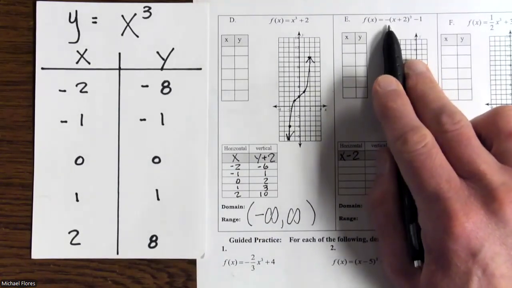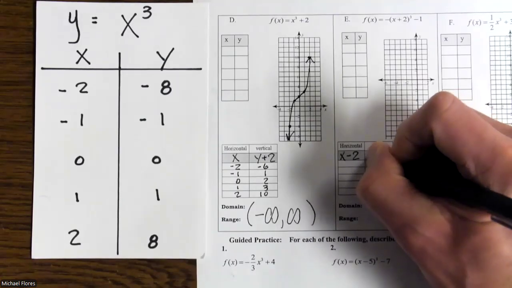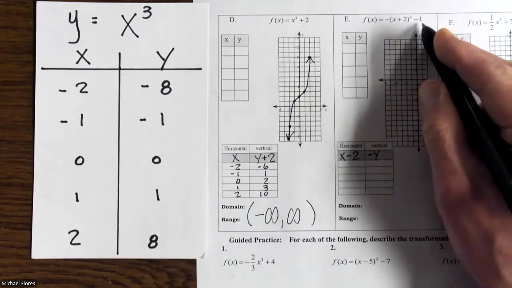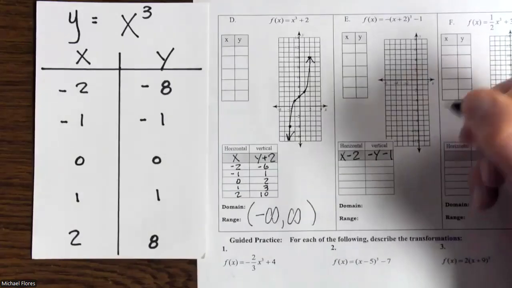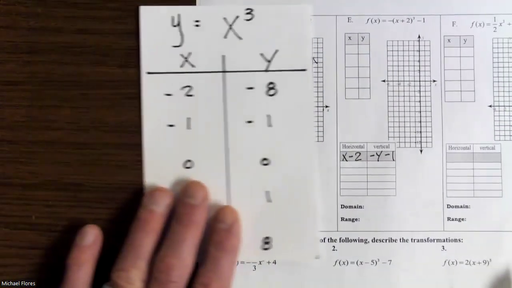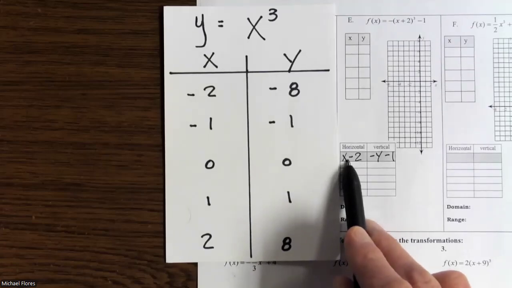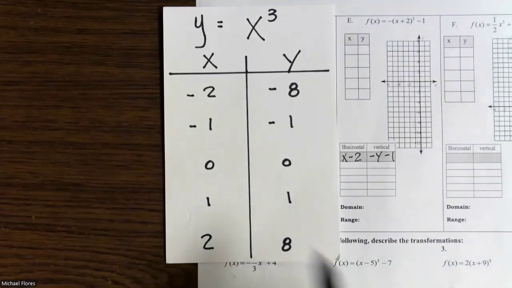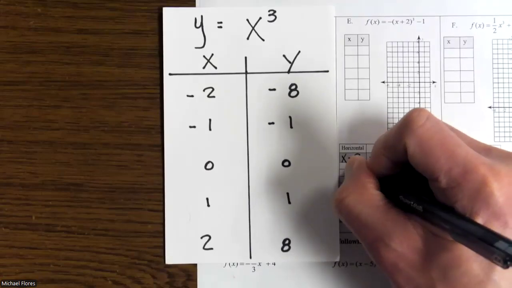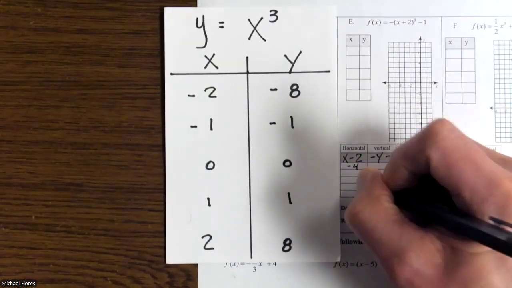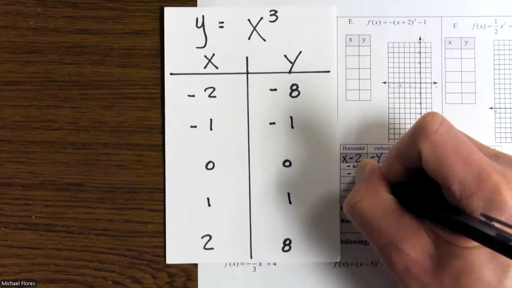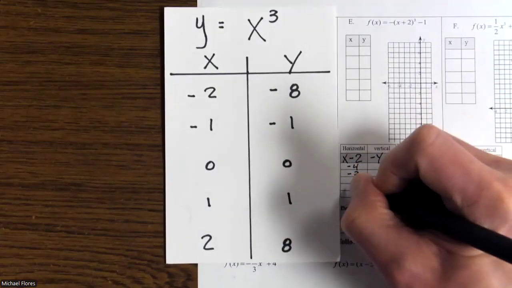So the negative in front of parentheses here, let's do negative in front of y, and then minus 1 to the right. Okay, so let's take these x values of the parent table, substitute them here for x, and then subtract 2 from every one. So negative 2 minus 2 is negative 4. Negative 1 minus 2 is negative 3. 0 minus 2 is negative 2.